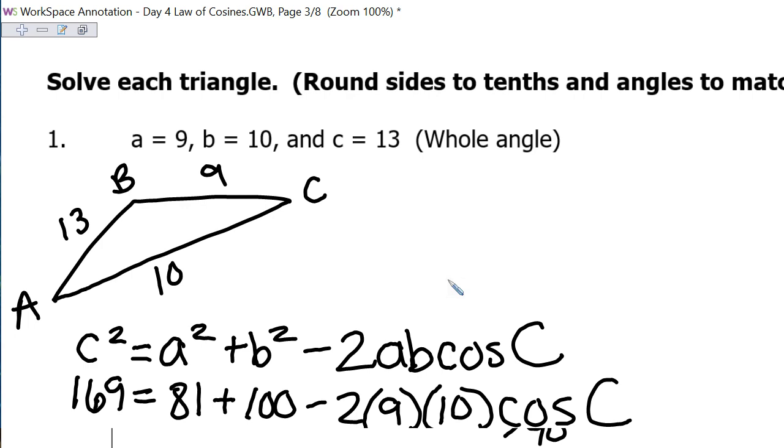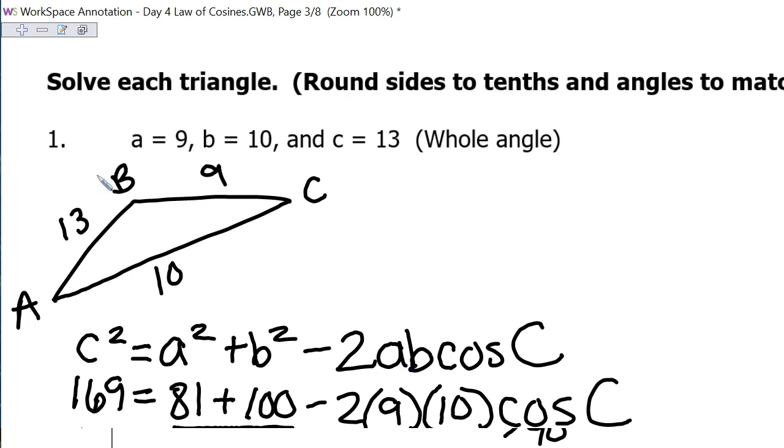Now we need to get the cosine of angle C by itself. So we need to do a little bit of cleanup. So bring down the 169 and the equal sign. Combine your like terms. What is 81 plus 100? 181. Multiply these three with negative 2 times 9, negative 18 times 10? Negative 180 cosine of angle C. What's the next step to solve for cosine of C?